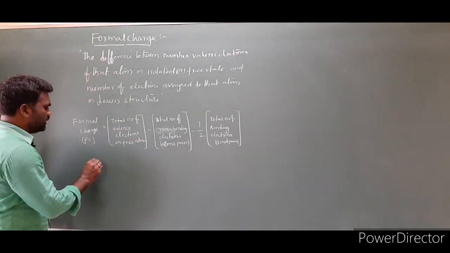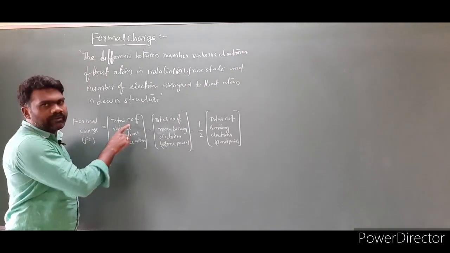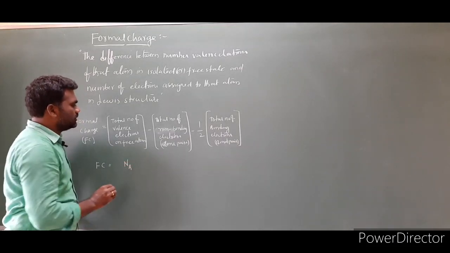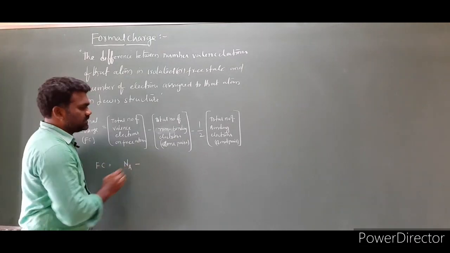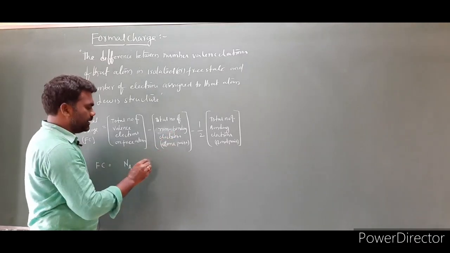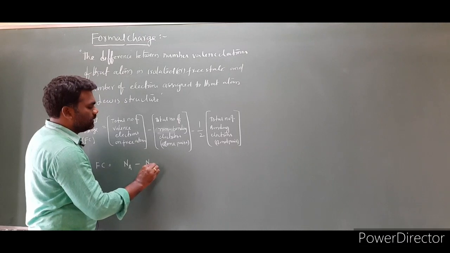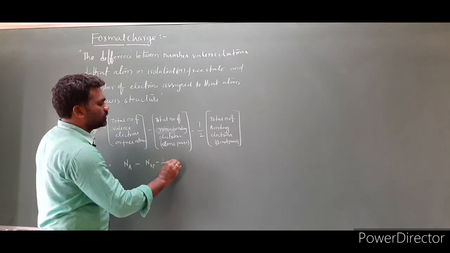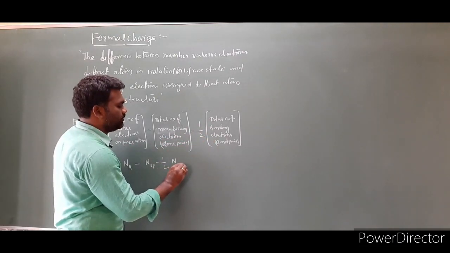So in simple we can write formal charge Fc is equal to total number of valence electrons on free atom, I am labeling as Na, minus total number of non-bonding electrons, nothing but lone pairs, I am labeling as Nlp, Lp meaning is lone pairs, minus half into the total number of electrons on bonding pairs, I am labeling as Bp.